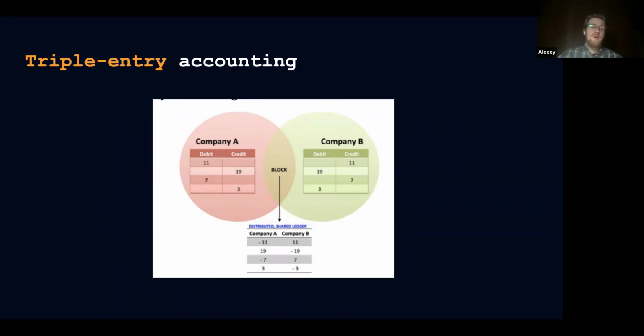If they fall out of sync or need to catch up, they can do that based on other participants of the system, while at the same time verifying that transactions are valid and the distribution of coins indeed happened. And this is triple entry accounting.